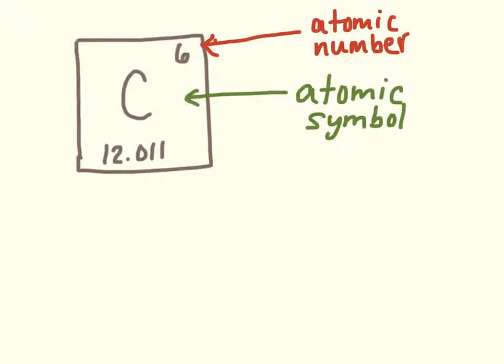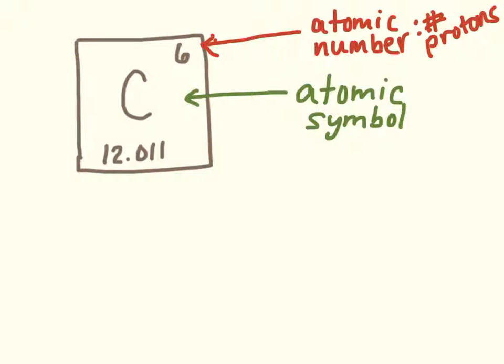So carbon cannot have an atomic number of 7, cannot have an atomic number of 32. So the atomic number of carbon is 6. That number tells you the number of protons in the nucleus. So the number of protons is what the atomic number is going to tell you.